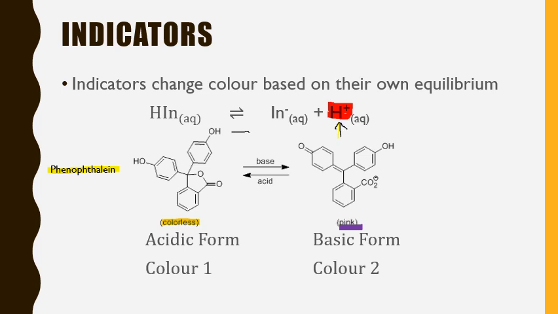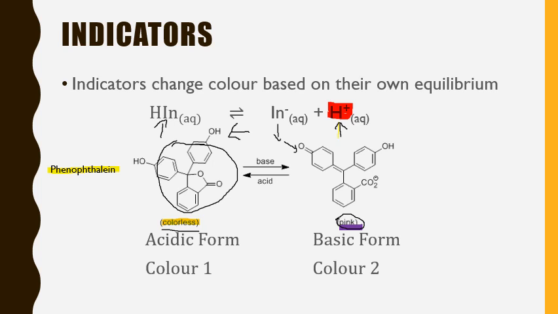That shifts equilibrium to the left, produces more of this version right here and less of this version over there. What that means is you get more of the colorless stuff, less of the pink stuff. So because you are adding an acid in, you're shifting the equilibrium here.